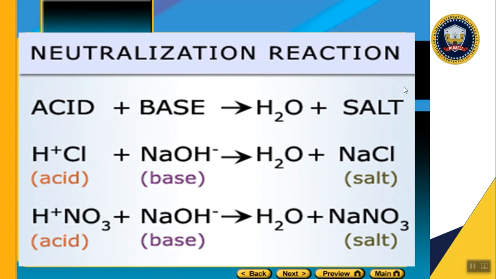So will the pH of the product change or not? No, because the degree of ionization of the weak acid and the weak base are the same. So the pH is also constant. It will be neutral.